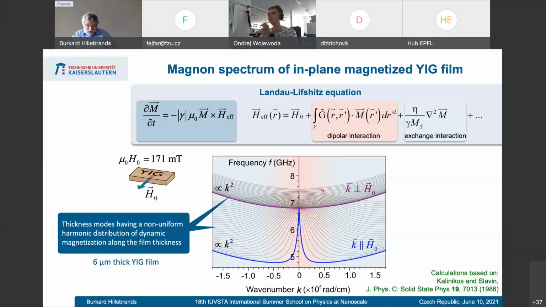This transforms continuously from this distribution here into that distribution. In other words, we have many modes here in this regime. And what is very, very characteristic, we have a minimum frequency here, which is a little bit more than 4 gigahertz in this particular example. And that is calculated for a 6 micrometer thick film.